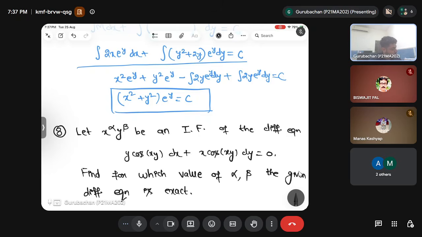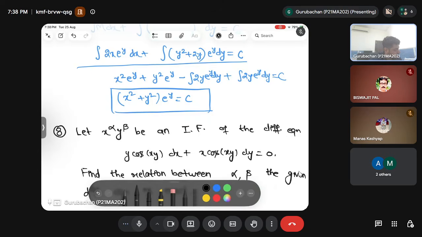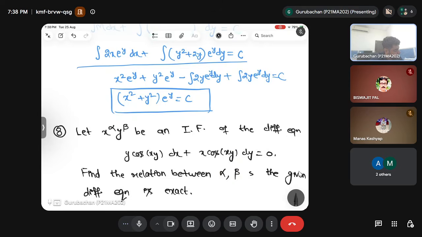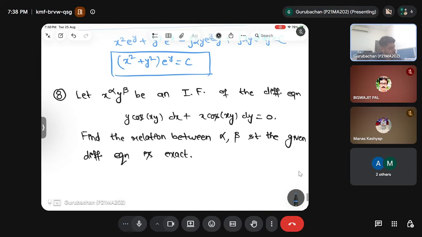So let me precisely write: find the relation between alpha and beta such that the given differential equation becomes exact.